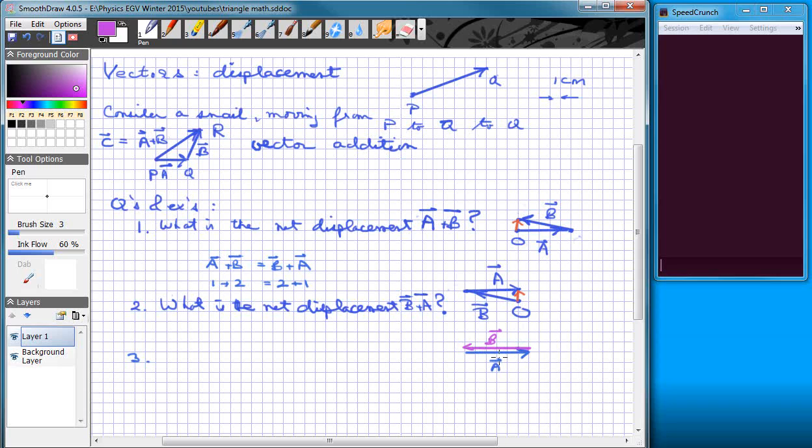Okay, now if B was right on top of A, you should see that if I start here and I go there and then I basically turn right around and come back again, what I end up doing with the snail, if you want to personify these displacements with a snail, is the displacement is 0 in this case.